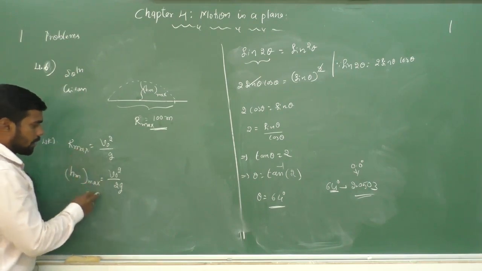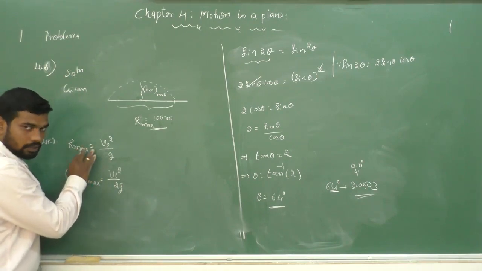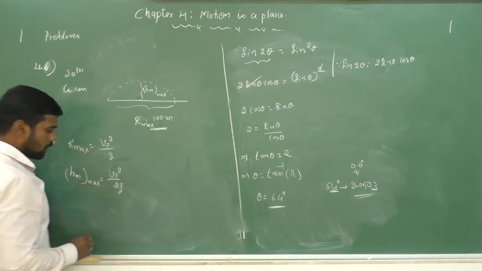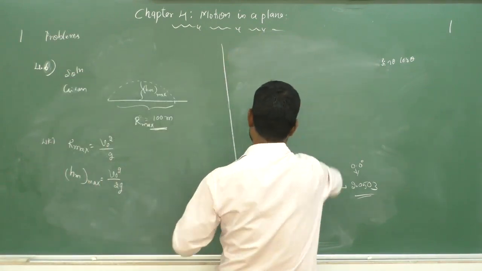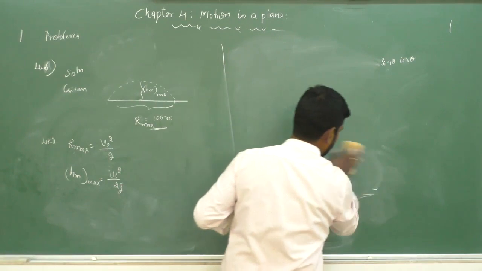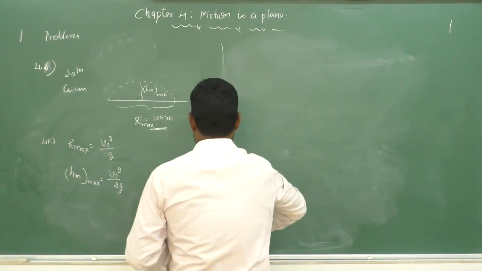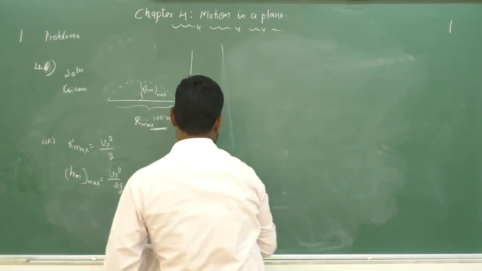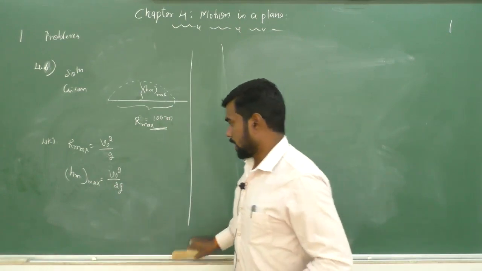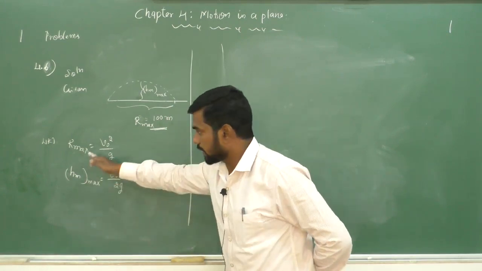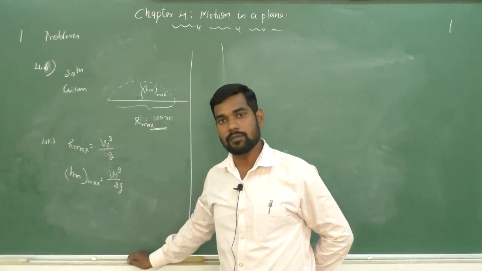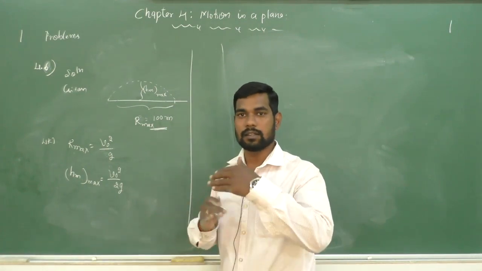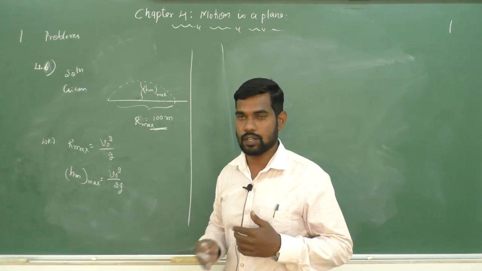So once we get these two equations, then whenever we get two equations and want to find out one quantity, normally we go for taking the ratio of these two.